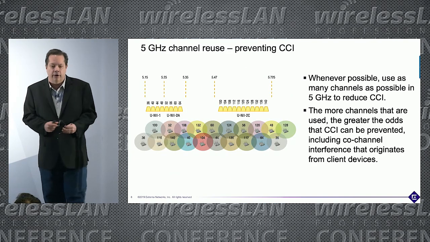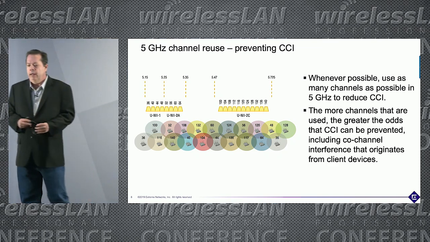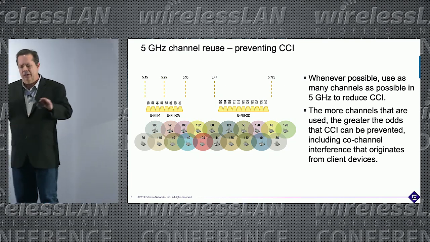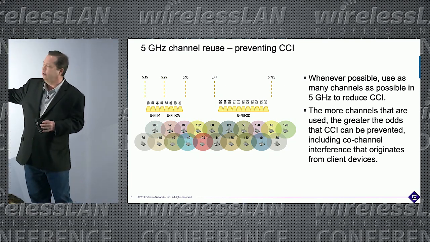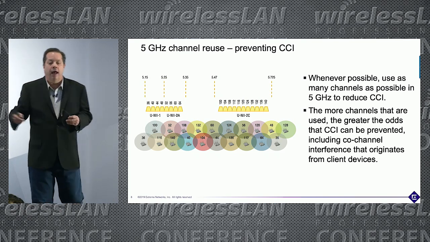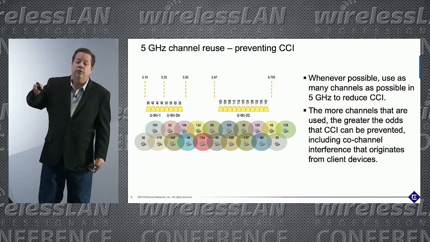Now, 5 gigahertz, you can actually prevent CCI with some really good design. This little diagram here is a little misleading because it's linear, but you can see right here, channel 36 doesn't repeat itself until 8 or 9 APs. And also remember, there are walls.